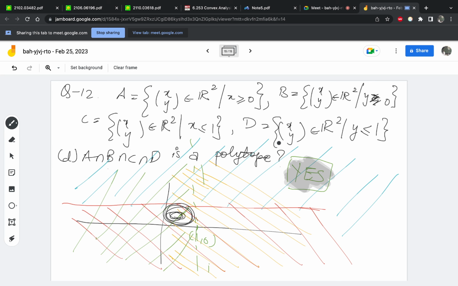Also, would you like me to solve some questions about convex analysis from the Boyd book? Absolutely. Okay, let me make a note of that. Actually, I am reading the Chong and Zak book.